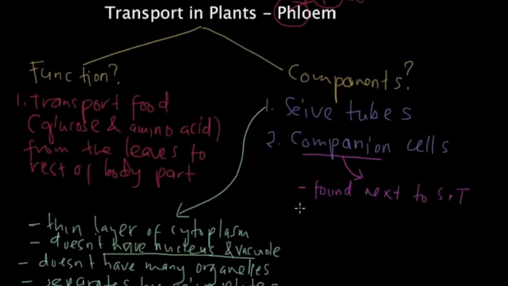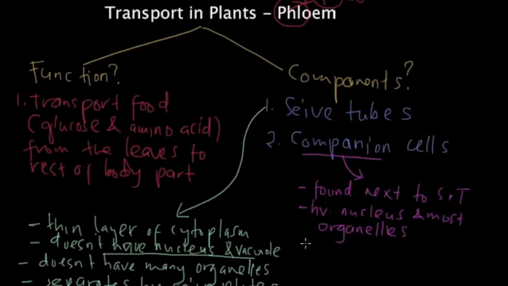The next thing you need to know about companion cells is they have a nucleus and most organelles. This is totally different from the sieve tubes, which do not have many organelles. But companion cells still have their nucleus, they still have the cytoplasm, and they still have most of the organelles like mitochondria, endoplasmic reticulum, as well as ribosomes.